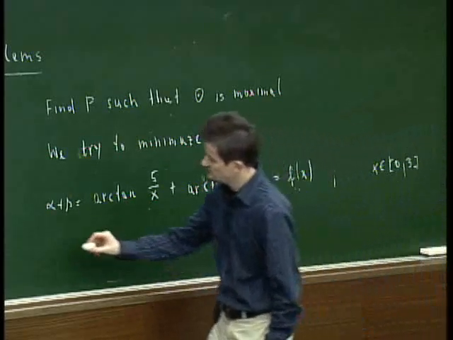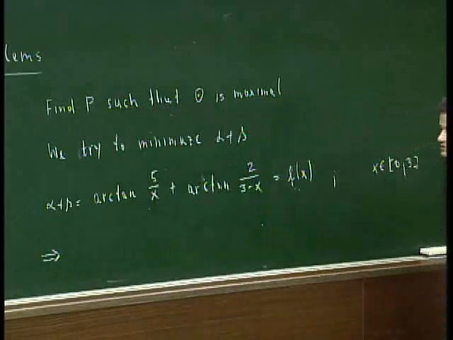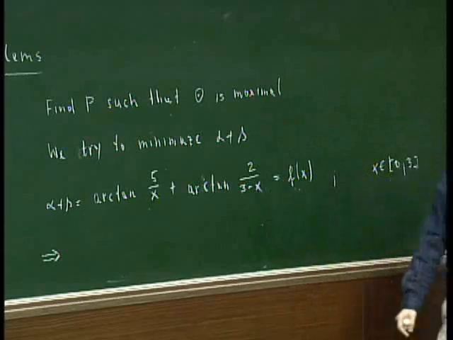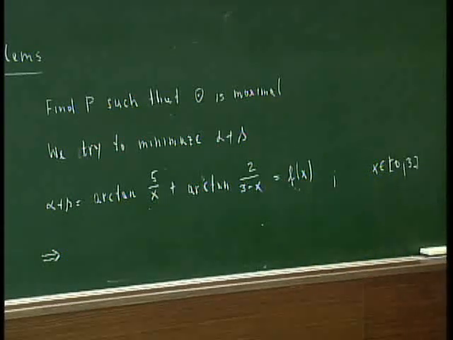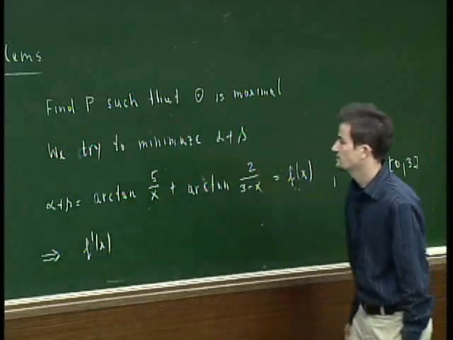Because we want to use the closed interval method, we have to check the function value of f at the two boundary points, 0 and 3, which are defined as the limit, and at the critical points. For the critical points, we have to take the derivative.